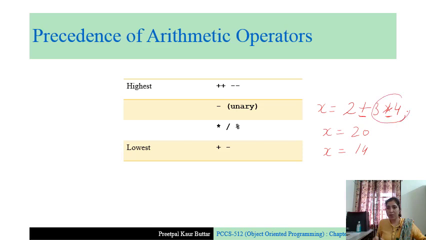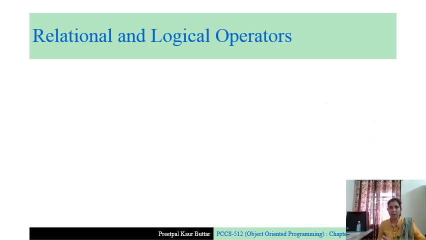So 3 into 4, 12, will be performed first, and then 2 plus 12, and the result will be x equal to 14.